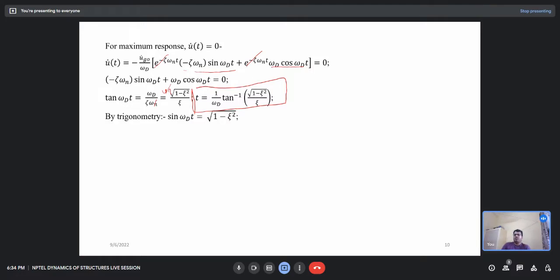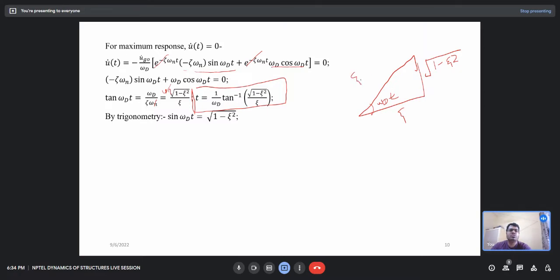Now by trigonometry, if this is the triangle and my angle is omega d t, and this is my perpendicular, square root of 1 minus xi square, then what will be the hypotenuse?